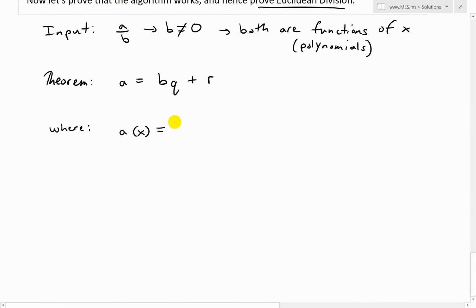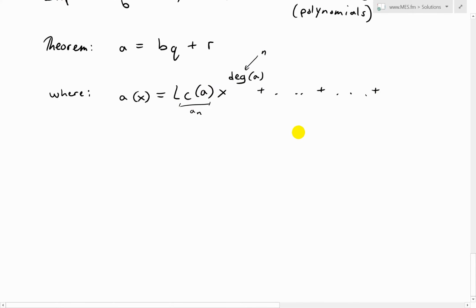So I'll write a of x as the leading coefficient of a times x to the power of the degree of a. Remember, that's just a_n, and this is just n. Then plus dot dot dot, which is the rest of the entire polynomial. It could be a0, a1, and so on, but I just move this in front.